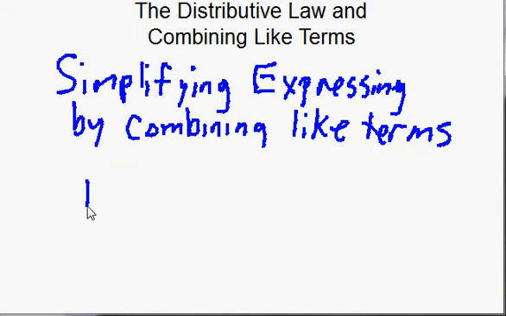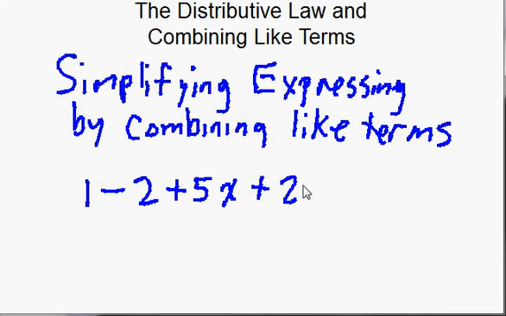Okay? Let's do another example here. Suppose I had 1 minus 2 plus 5x plus 2y minus x plus 3. Okay? Now I've got 2 different kinds of variables here. What am I allowed to combine?